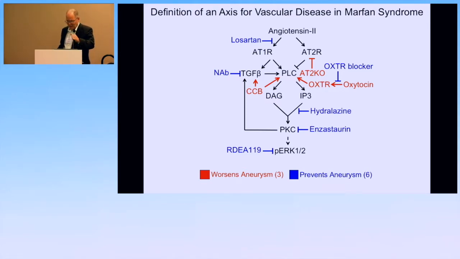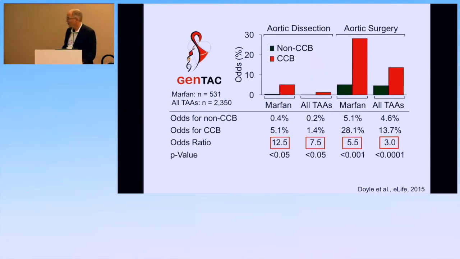Now, you might say this is all well and good about mice with Marfan syndrome, and what about people? So to begin to try to address this, we partnered with the GenTAC Consortium, as you know, that collects clinical information on large numbers of patients with genetically induced forms of aortic aneurysm. We found that if at the time of enrollment, a patient with Marfan syndrome was receiving calcium channel blockers, there was an odds ratio for aortic dissection during the follow-up period of about 12.5.